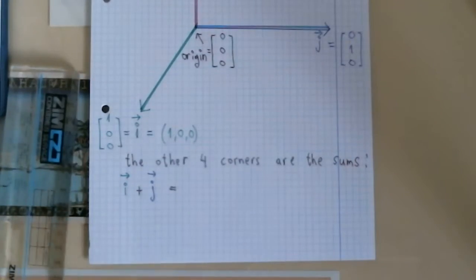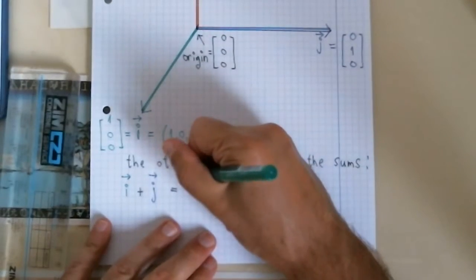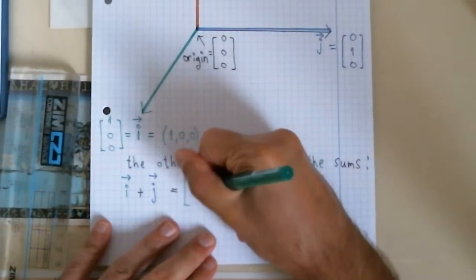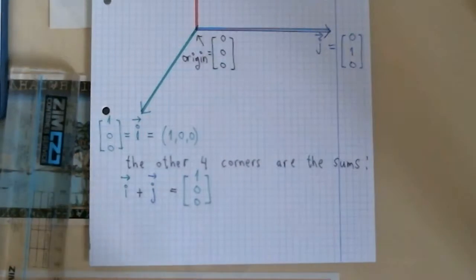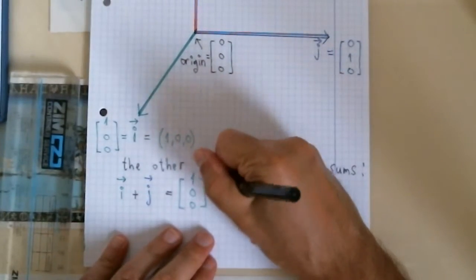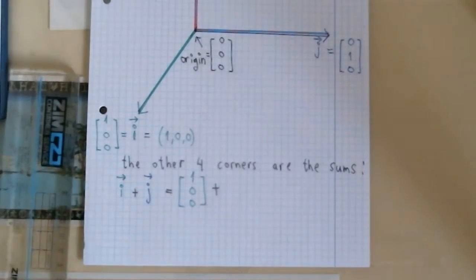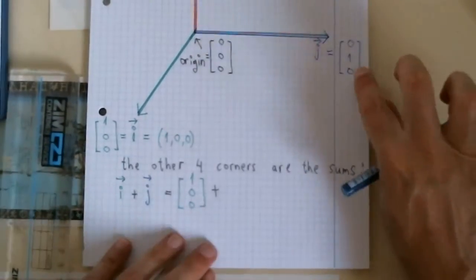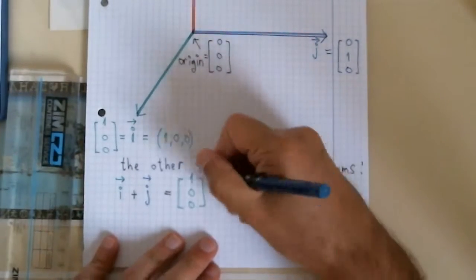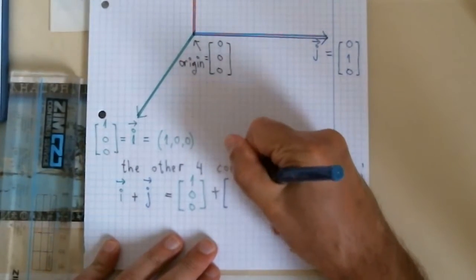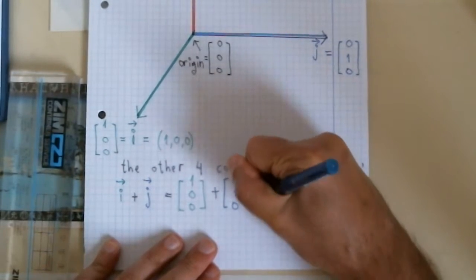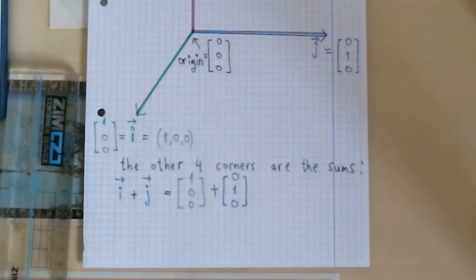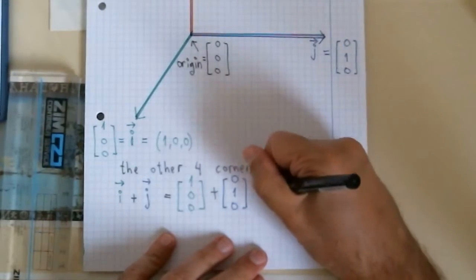How much is it? It's 1, 0, 0 plus, the green one, I, plus 0, 1, 0, the blue one. How much is it?